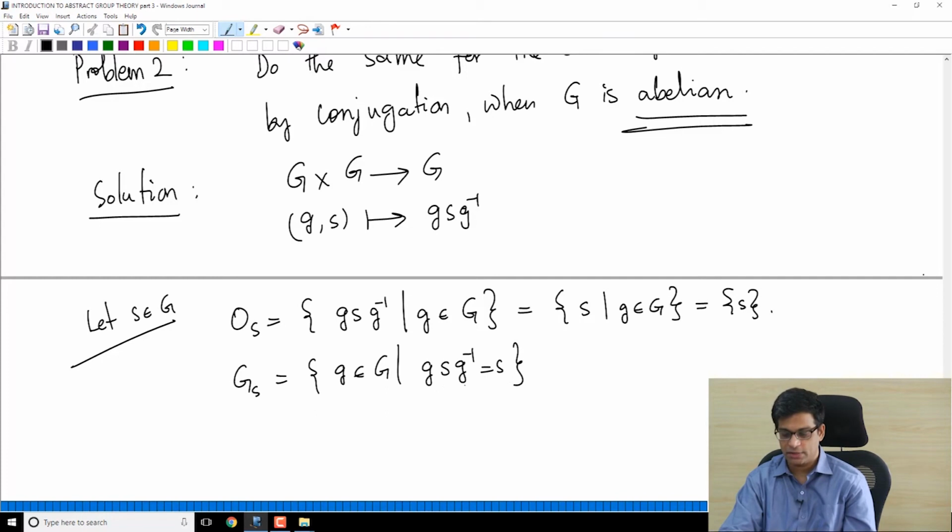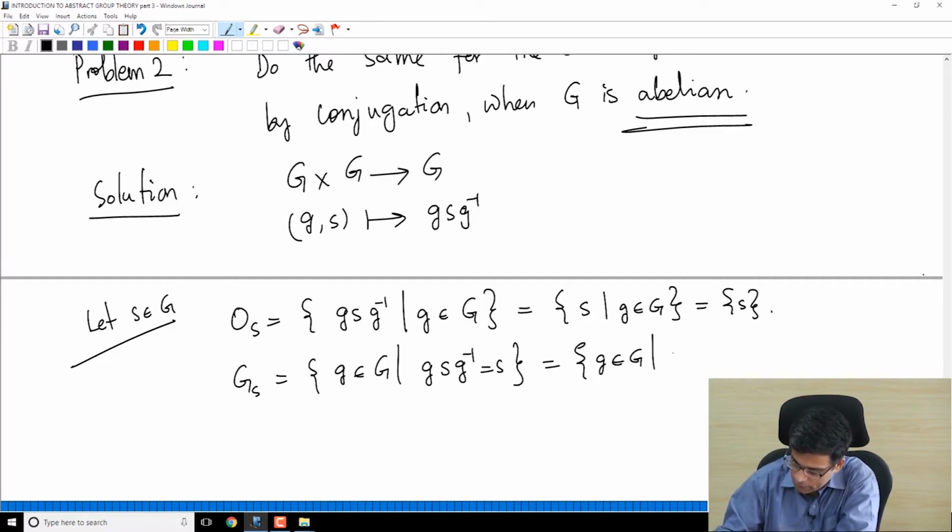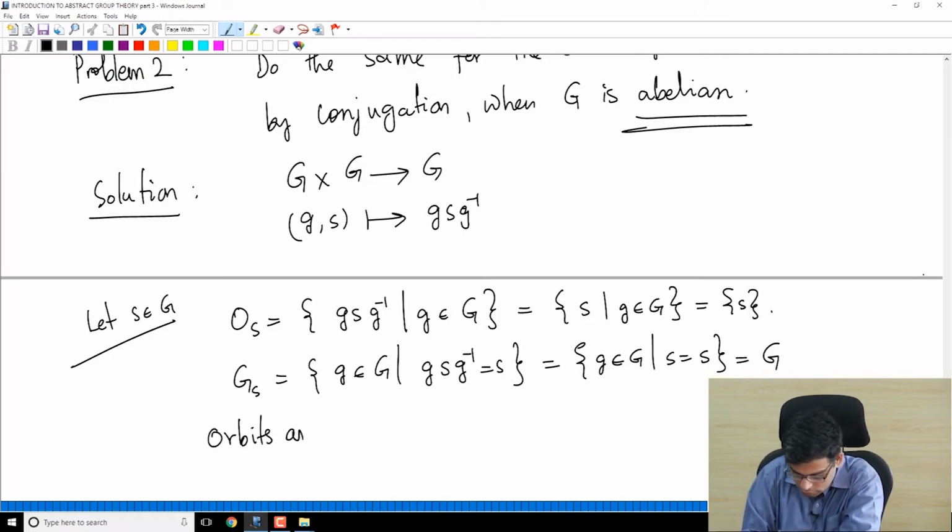Under the action, g s g inverse is the action of small g on small s, so that must be equal to s. But this is g in G such that s equals s, but there is no condition. In other words, for all g in G this condition holds, so this is G. So here orbits are small, stabilizer is big, right?